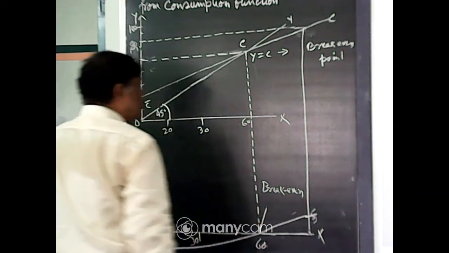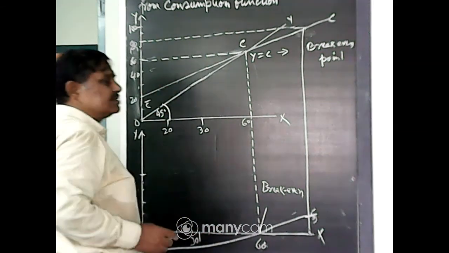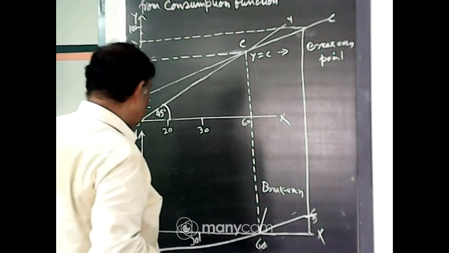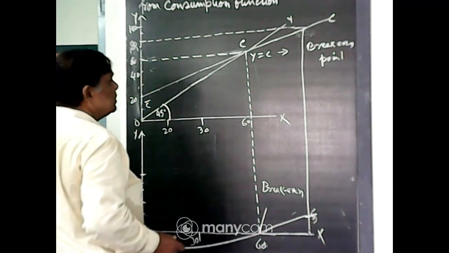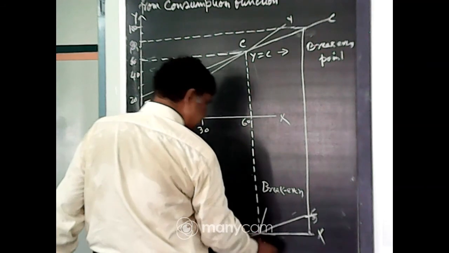Because here S is equal to 0 and Y is equal to C, that is income is equal to consumption. Therefore, you must consider that when Y is equal to C, S must be 0.